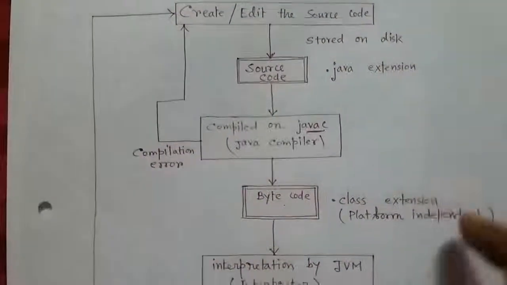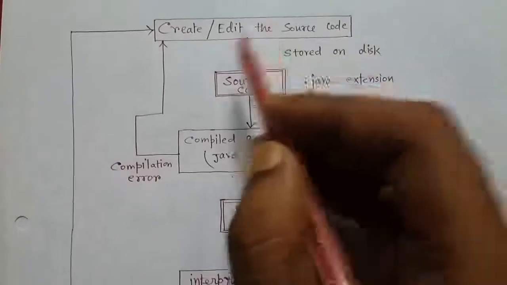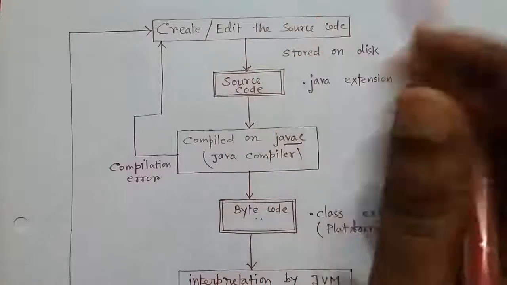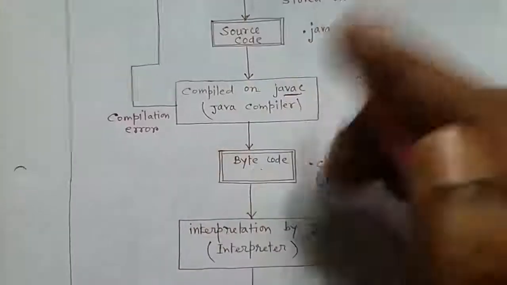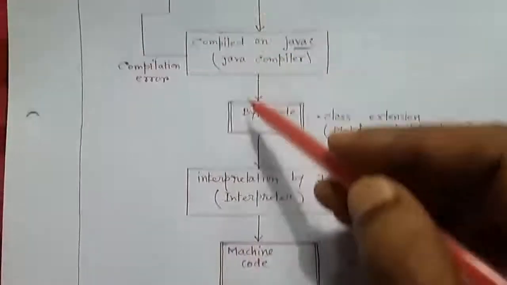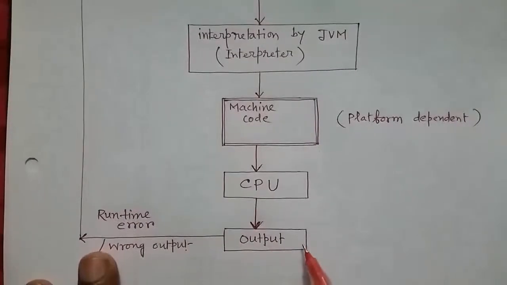That's why you need to go back to the initial stage to edit your program. Whenever you correct those mistakes, you again go through these steps to produce the correct output. So that's all about the steps of Java program execution.